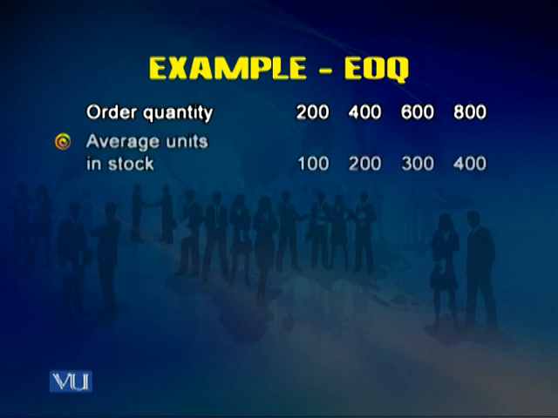Let's examine. Average units in stock would be, for 200, 100. For 400, 200. For 600, 300. For 800, 400. The order size we are using ranges from 200 to 800: 200, 400, 600, and 800. What is the size of average stock?